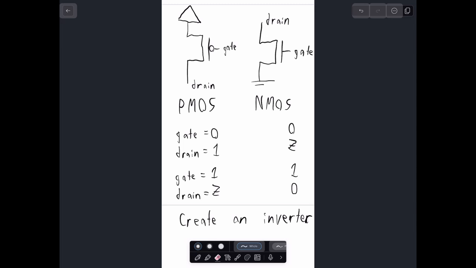Remember, we must always hook these up to a high voltage. So connect these in parallel. If A is set to 0, then this is going to be set to 1 volt. And if B is set to 0, then this is going to be 1 volt.